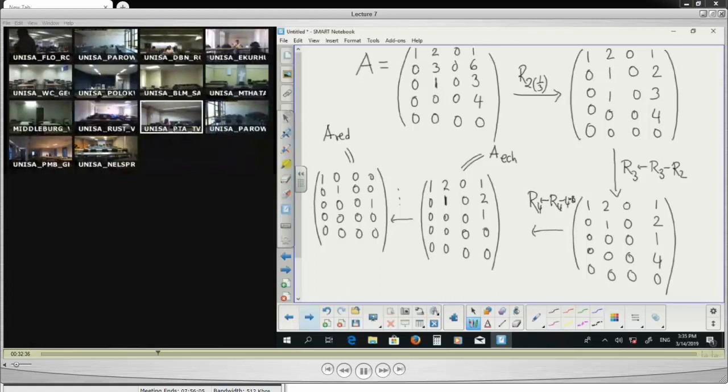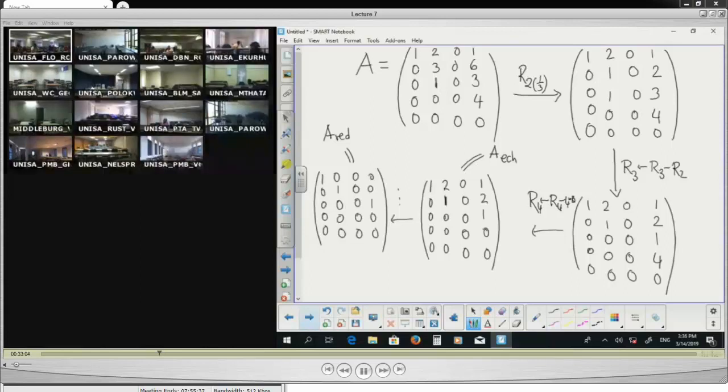Okay, I get the row echelon form, the leading ones, in other words, the first non-zero element must be 1. Now, for row reduced, what's the special condition? Say, for instance, this is the leading element in the second row.